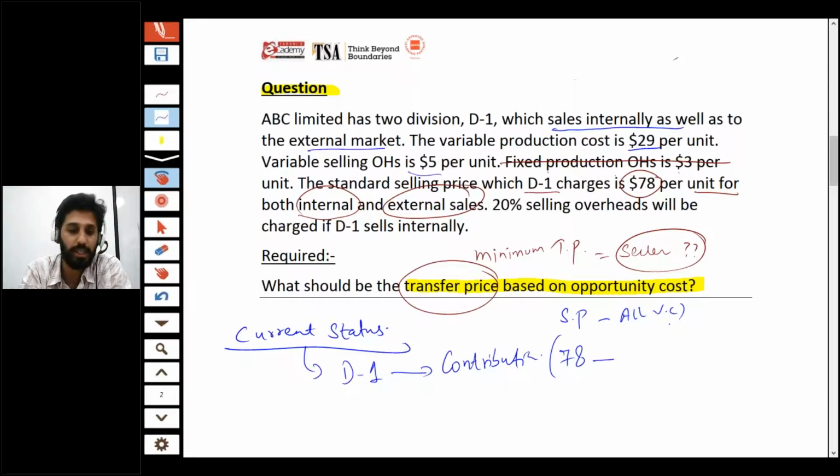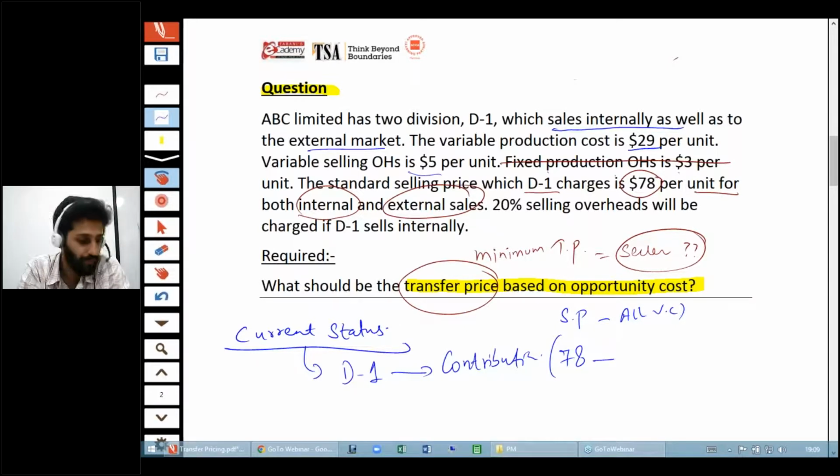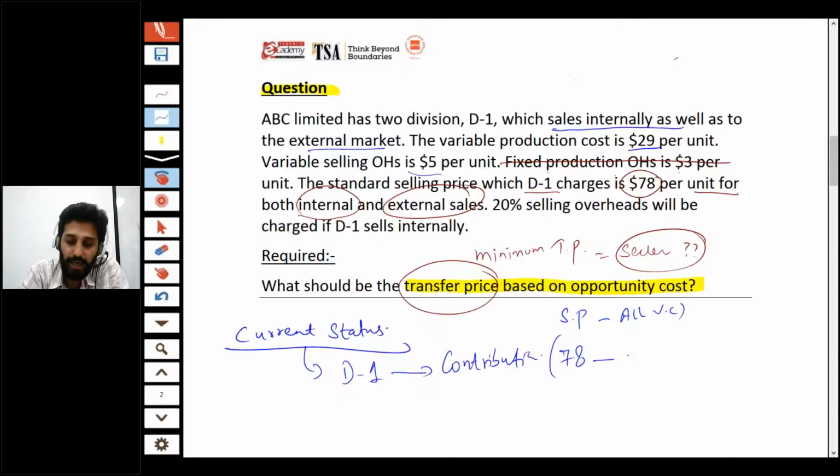It should be the variable cost. So the variable production cost is 29, minus 5, the variable selling overheads. Now I am deducting this 5.